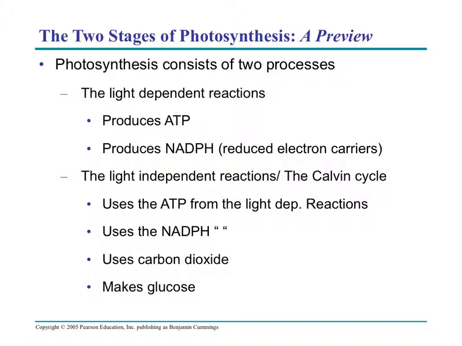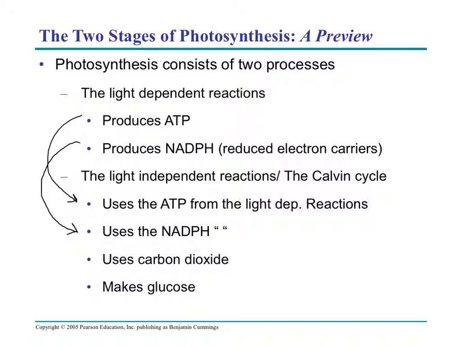And yes, this is because the scientist who elucidated what was happening in this reaction, his last name was Calvin. So you can see that these two reactions are linked because the light reactions produce ATP, but the Calvin cycle uses ATP. And the light reactions produce electron carriers, NADPH, and the Calvin cycle uses the NADPH.